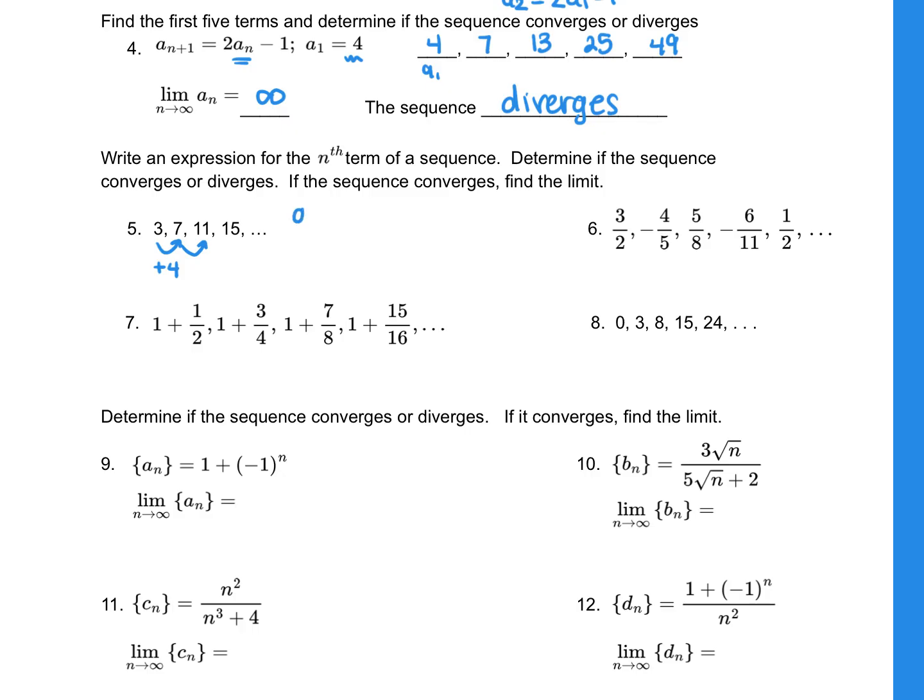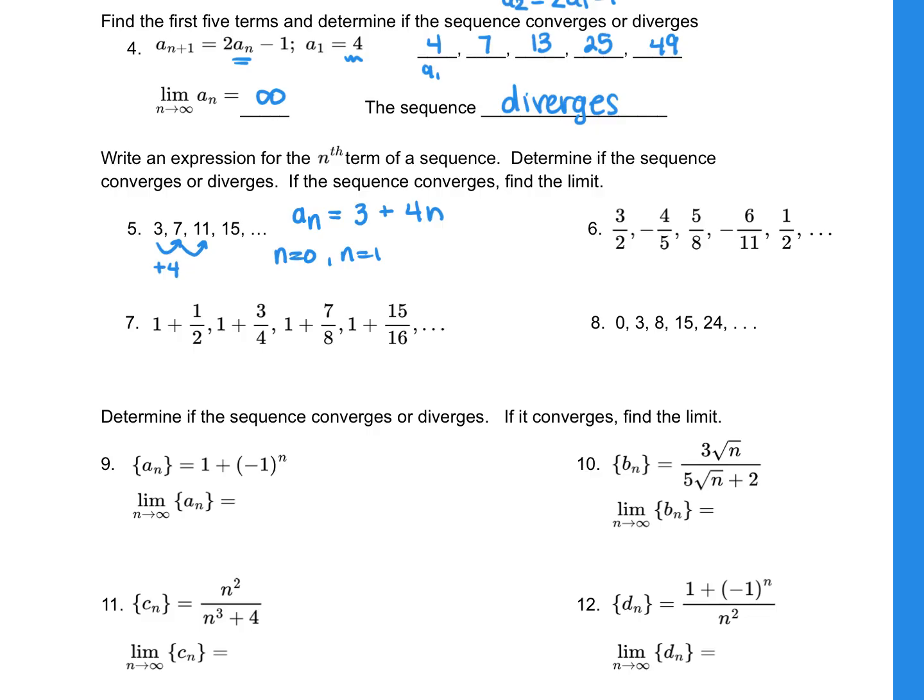So what I think of is to find the next term, or to find an, I'm going to do the starting point, which is 3. And then I'm paying attention to the slope. To go from one digit to the next digit, it's 4n. So looking at that, if n is equal to 0, we do get the first term. If n is equal to 1, I can get the second term, and so on and so forth.